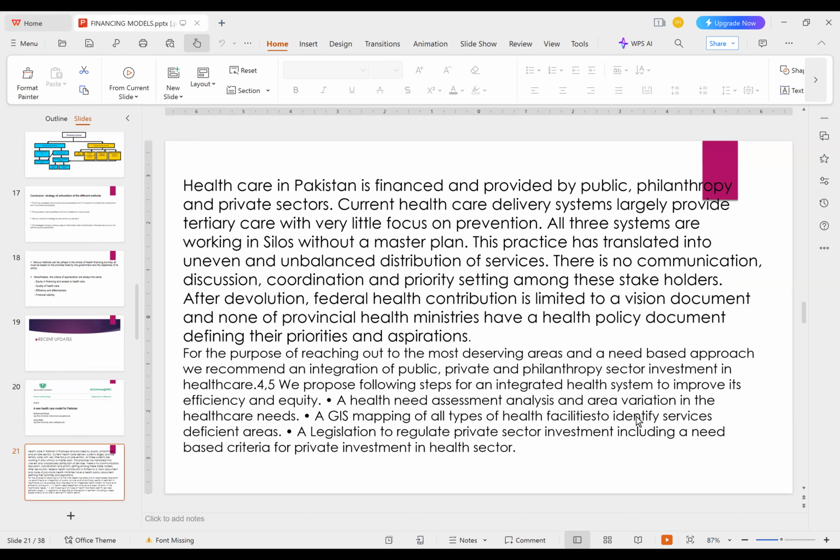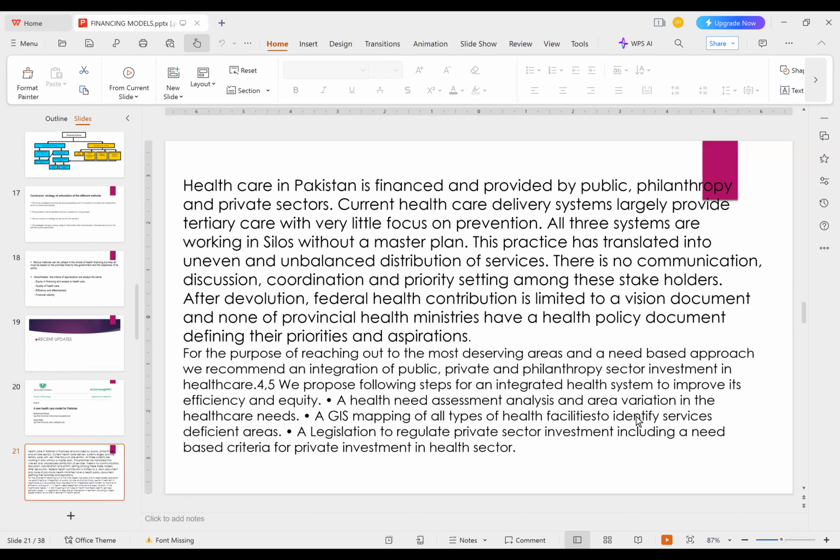After devolution, federal health contribution is limited to a vision document, and none of the provincial health ministries have a health policy document defining their priorities and aspirations. For the purpose of reaching out to the most deserving areas and a need-based approach, we recommend an integration of public, private, and philanthropy sector investment in healthcare.